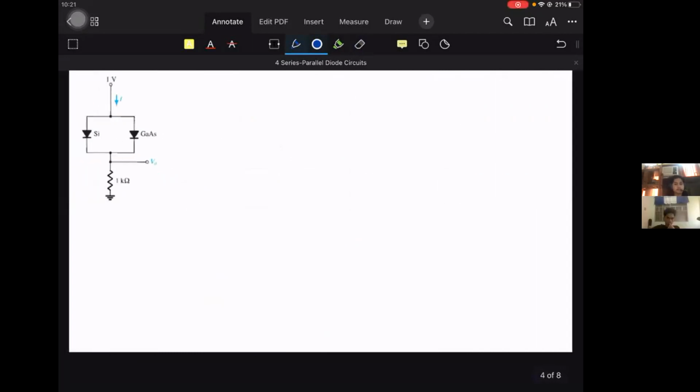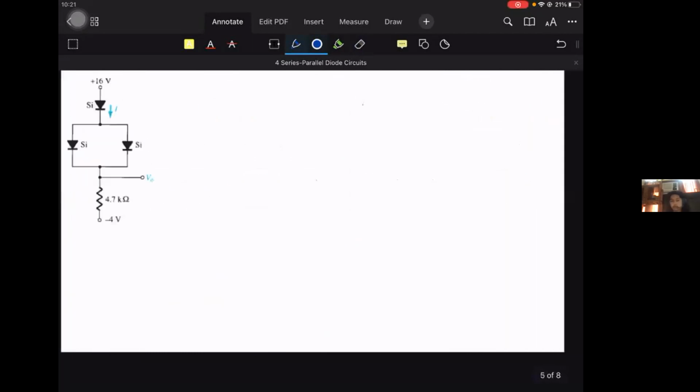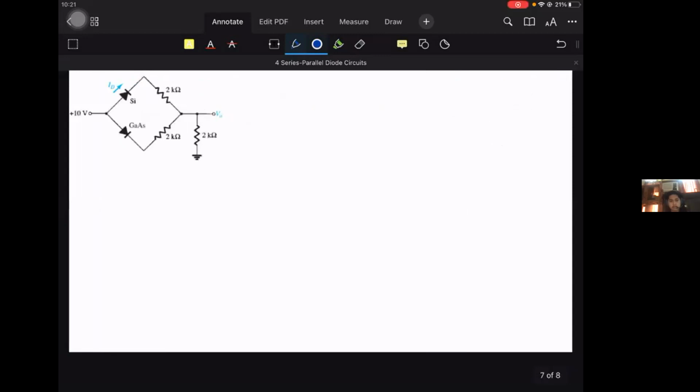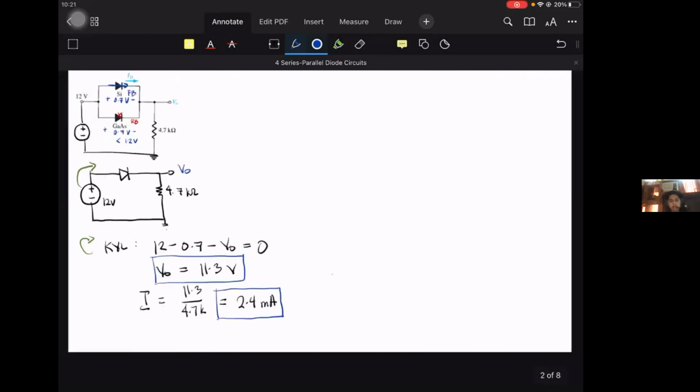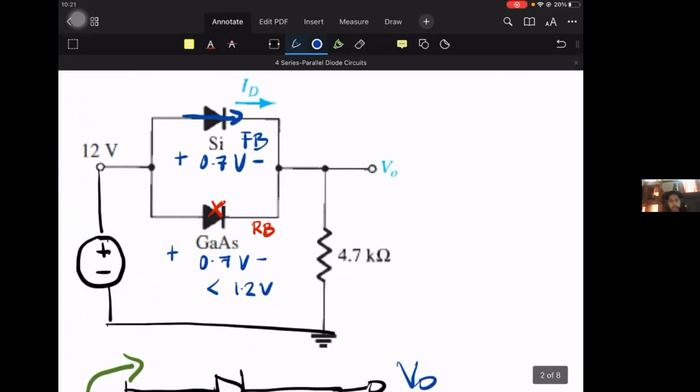This is another one to solve later. I was looking for the example. What if, class, in a different situation, this is silicon and germanium? Same circuit, but germanium and silicon.